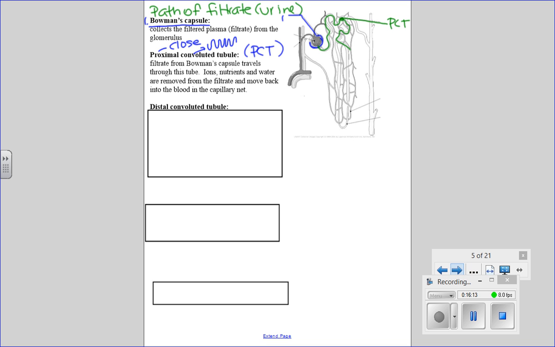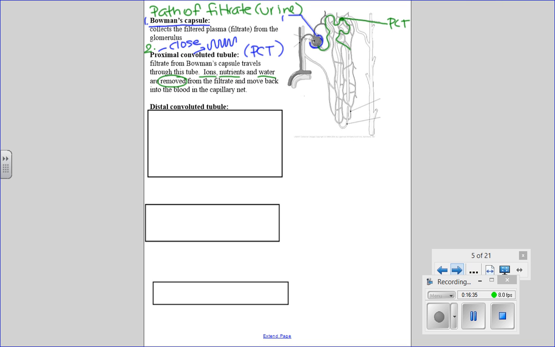Now, what is its job? It collects the filtrate from Bowman's capsule, so it travels through this tube. And in this particular spot, ions, nutrients, and water are removed.